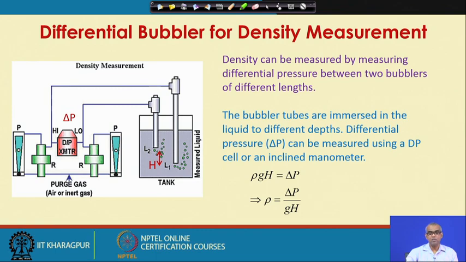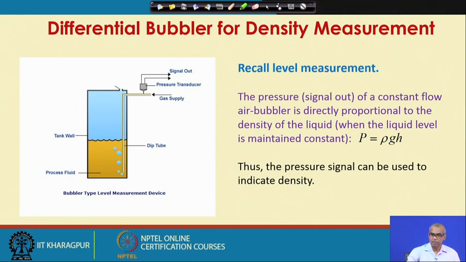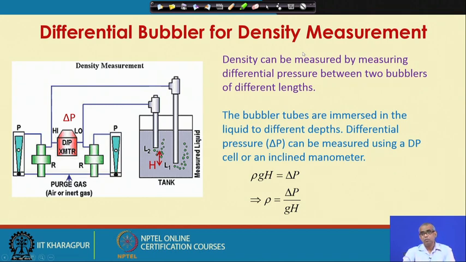A better way to measure density will be you make use of two bubbler tubes. See here, when I say P equal to rho gH, you consider the pressure here as rho gH. So, if the tank is open to atmosphere, I am not considering any fluctuation of atmospheric pressure, but this will cause no problem if I take two bubbler tubes and measure the differential pressure.